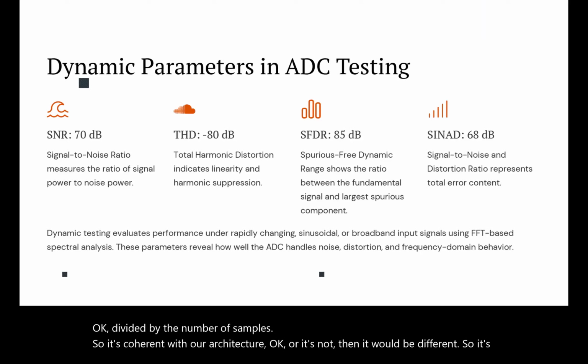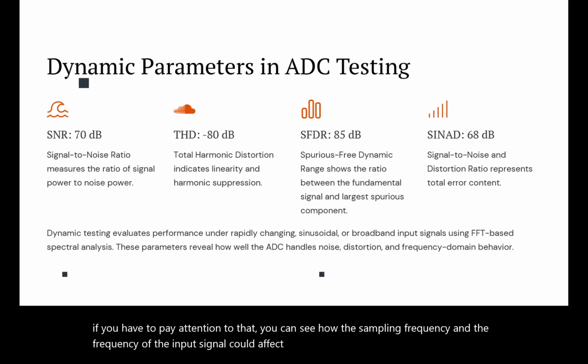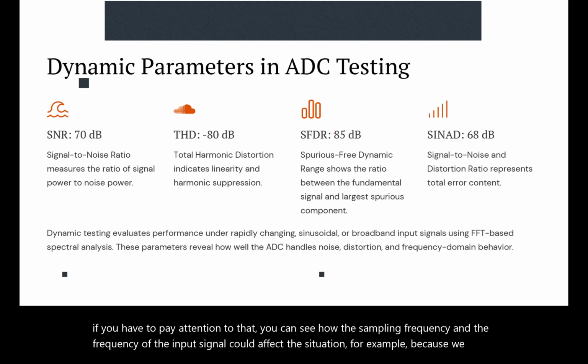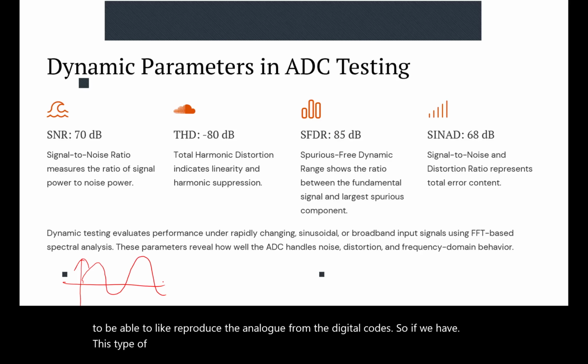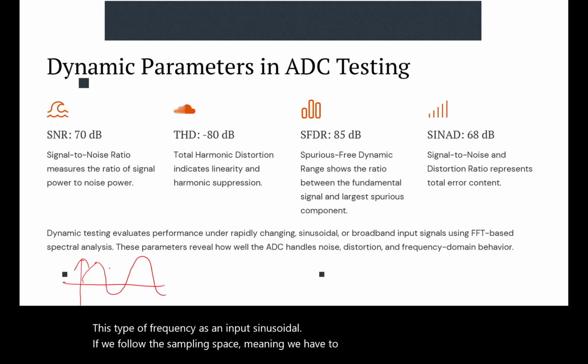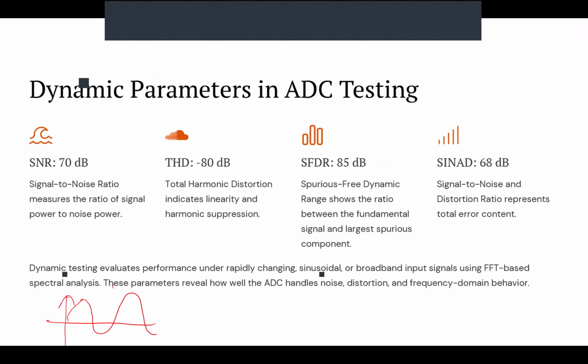So you have to pay attention to that. You can see how the sampling frequency and the frequency of the input signal could affect the situation, for example, because we have to be able to reproduce the analog from the digital codes. If we have this type of frequency as an input sinusoidal, and we follow the sampling rule, meaning we have at least twice the frequency of the sine as the sampling rate, then we would have at least 2 points for each cycle.